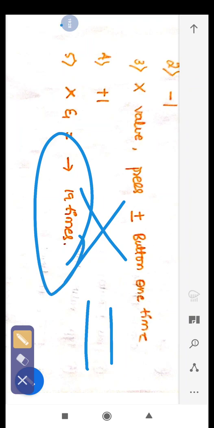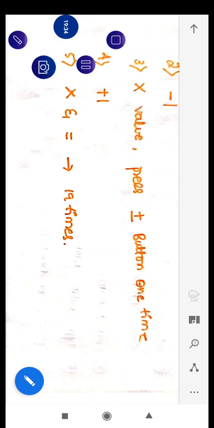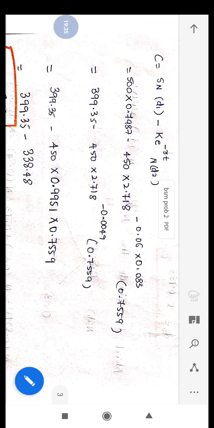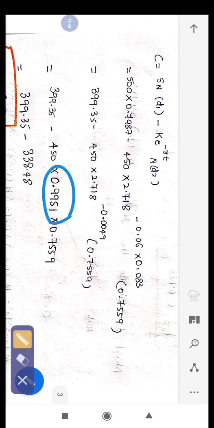So here answer is 0.9951. So here the answer after calculating we get 0.9951.